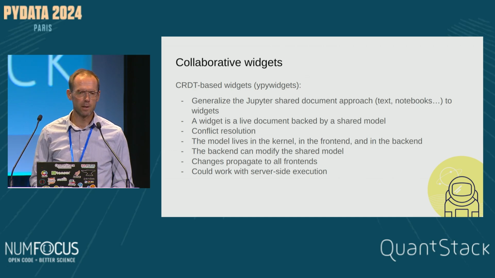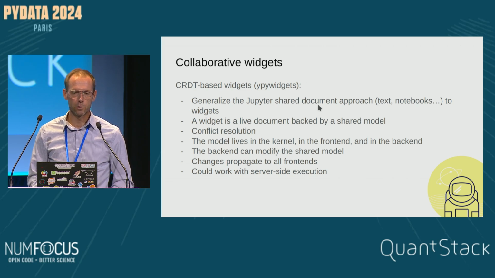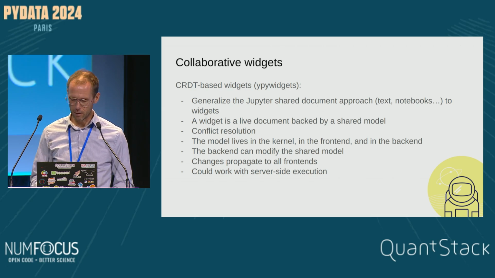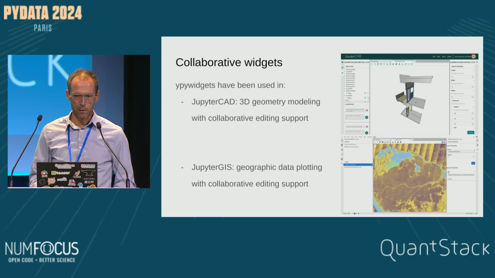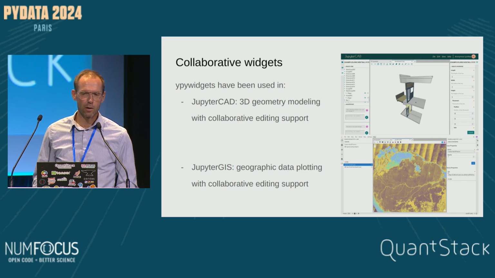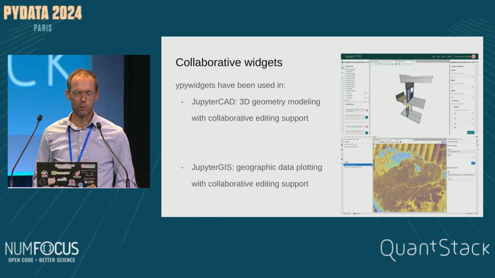The idea is basically to generalize the idea of shared documents that we implemented for texts and notebooks to widgets. So it would have a conflict resolution, and you would be able to reconnect and have your widget state restored with that.